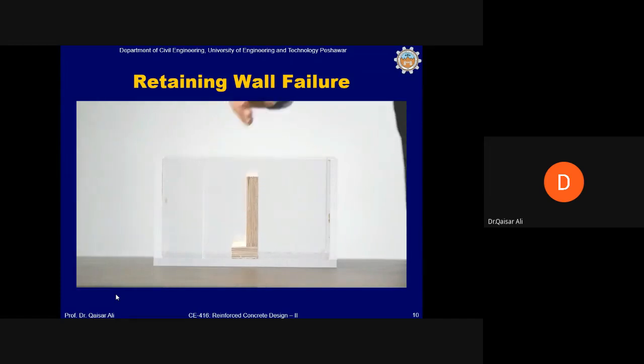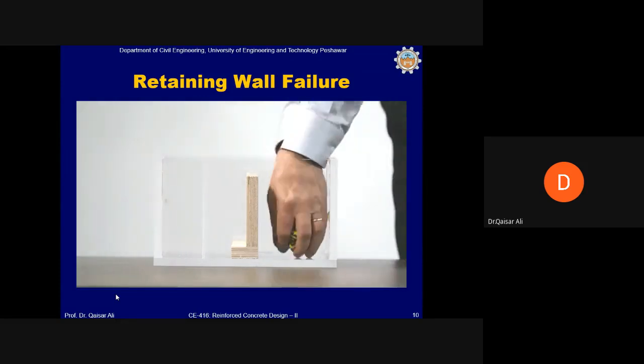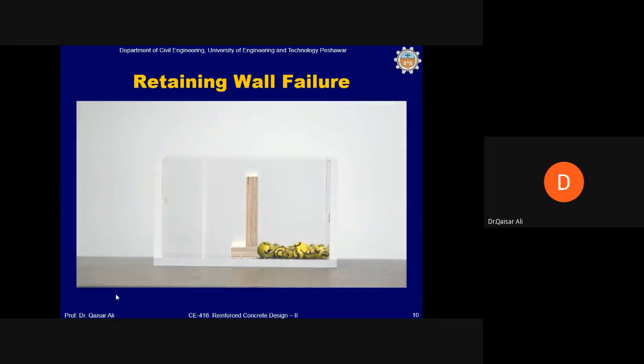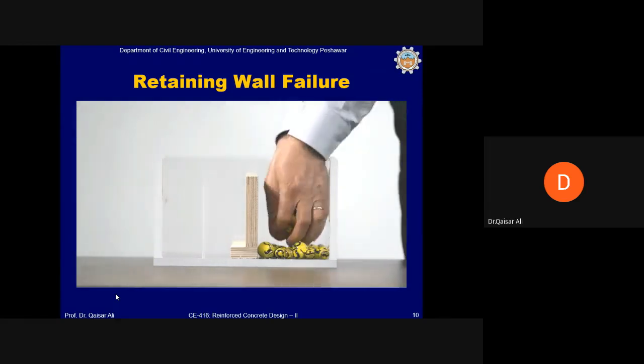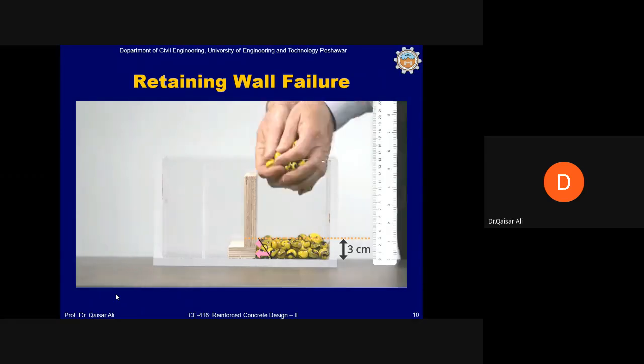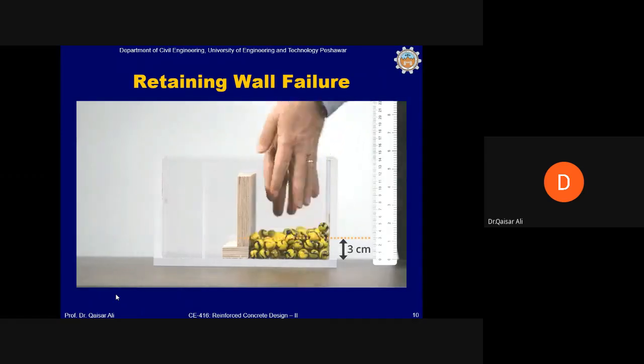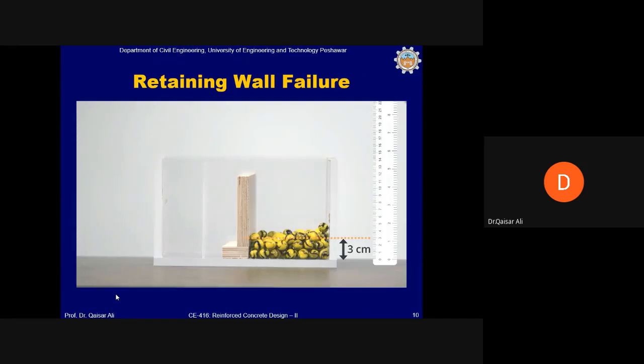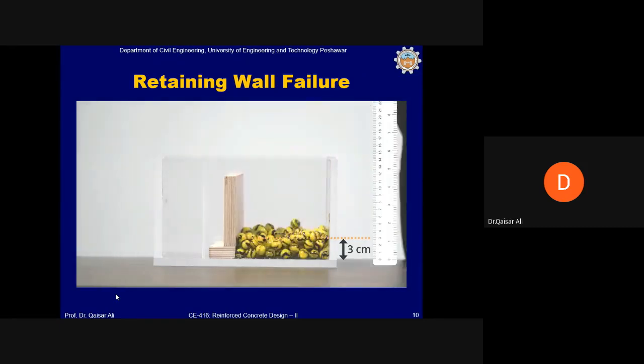Or is it? Before we declare a final verdict, let's use the model to find out what happens when the bottom leg points to the left, away from the marbles. As we add marbles, we discovered that the horizontal forces they produce create yet another mode of failure, namely sliding of the wall. And this occurs when the marbles reach a depth of 3 centimeters.